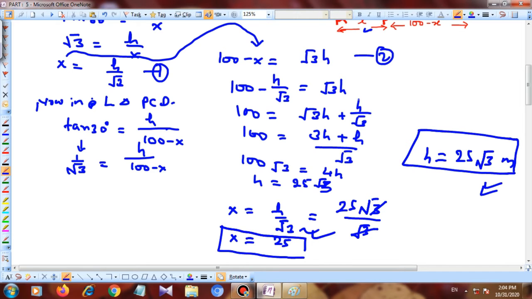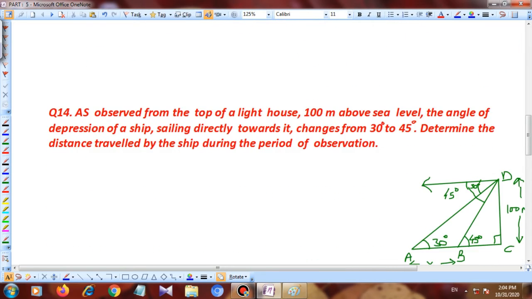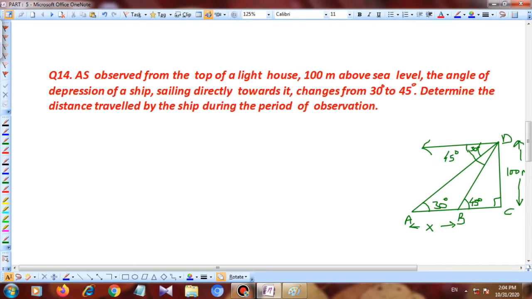Now our next question is: as observed from the top of a lighthouse 100 meters above the sea level, the angle of depression of a ship sailing directly towards it changes from 30 degrees to 45 degrees.